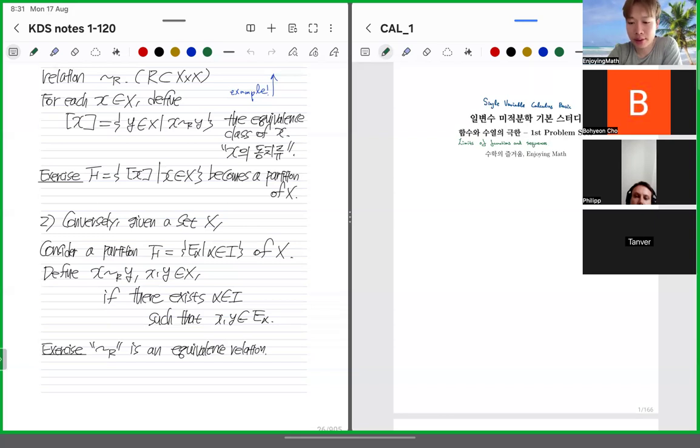If Tanfir finds it hard to choose one of us, then I will choose Philip to explain the definition of one-to-one, also called injective function, and also surjective function.